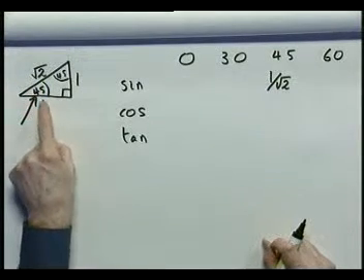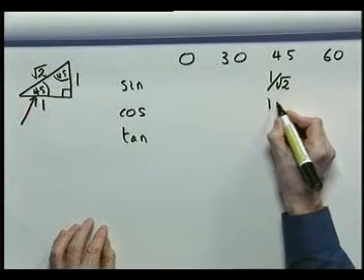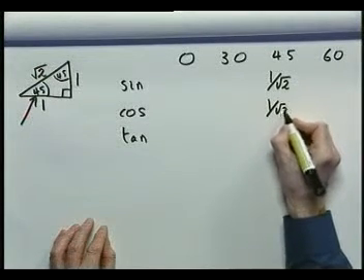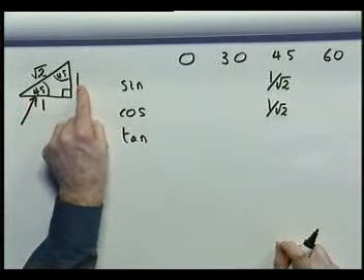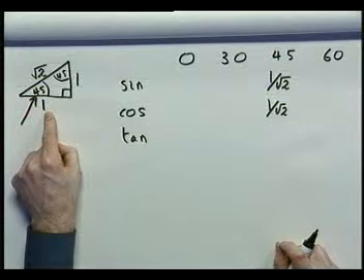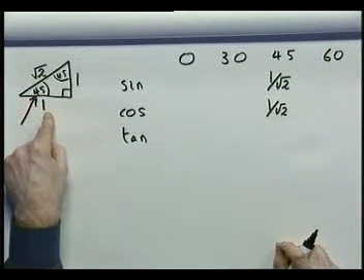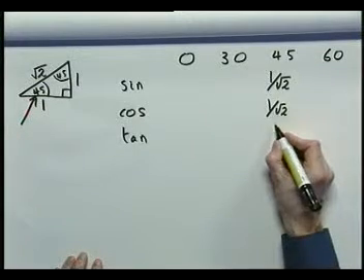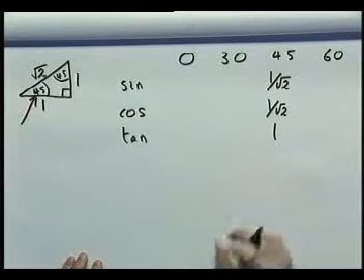The adjacent is 1, the hypotenuse is root 2, and so the cosine is 1 over root 2. The tangent is the opposite over the adjacent. And so the opposite is 1 over the adjacent is 1. 1 divided by 1 is just 1. So we've completed that middle column of our table.